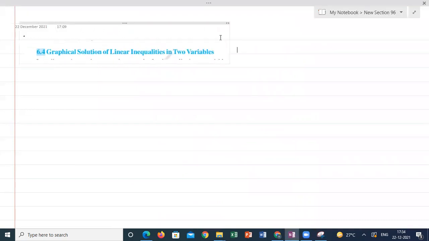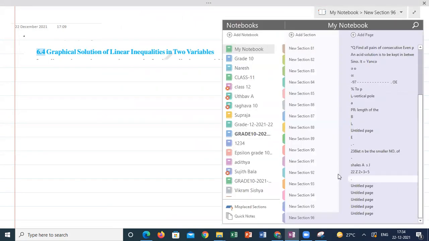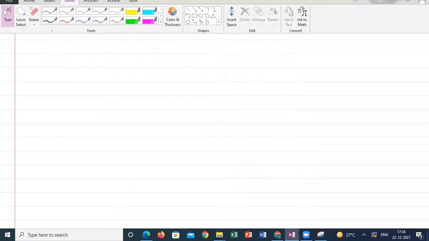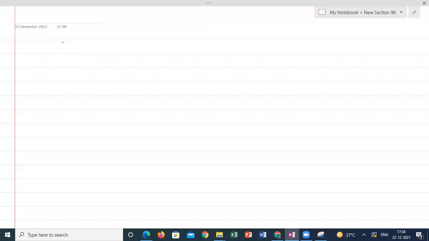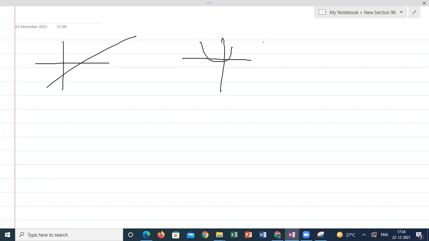See, each and every algebraic expression you can represent in a graph. You can get various patterns, but we are going to remember only a few patterns. If it is a straight line, it's a linear equation. If it is a parabola, it's a quadratic equation. If it is a cubic equation, it's a cubic curve passing through the center, meaning no constant.